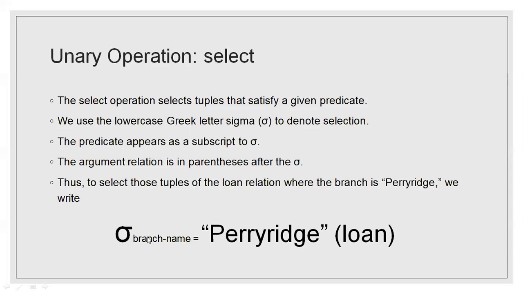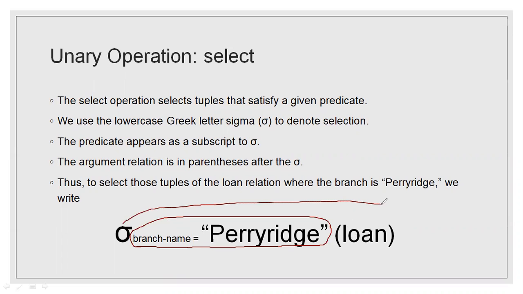Please note, everything in the subscript, branch name equal to Perryridge, must be subscript and small, and at the end, loan is written a little larger. The sigma size and loan size are the same. The branch name and Perryridge must be the same size.